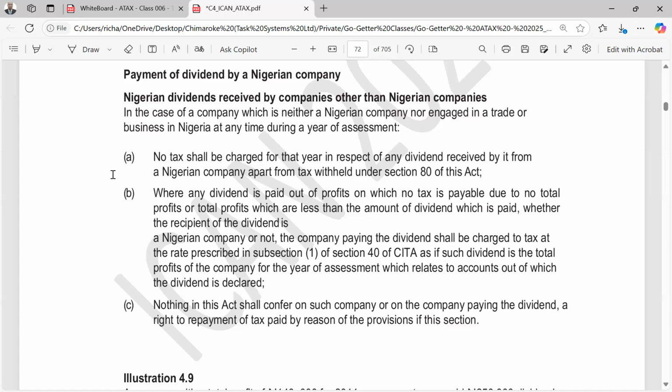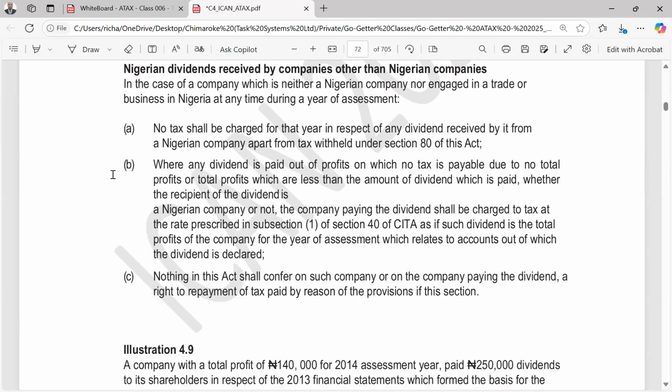Remember when we were doing dividend basis, when we were looking at basis, we looked at minimum tax, we looked at turnover tax, we looked at dividend base. We said when you are paying out dividends and it is even bigger than your total profit, or if there's no total profit, the dividend is taken as your profits.